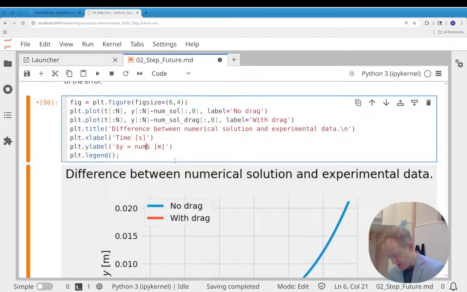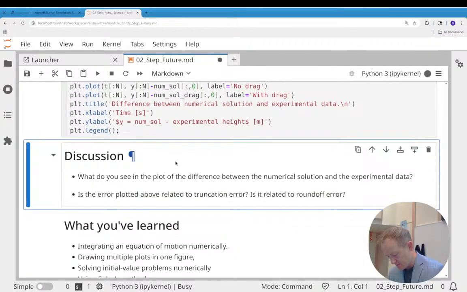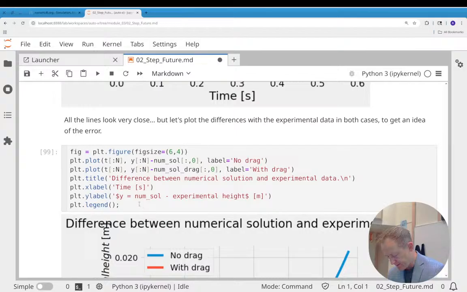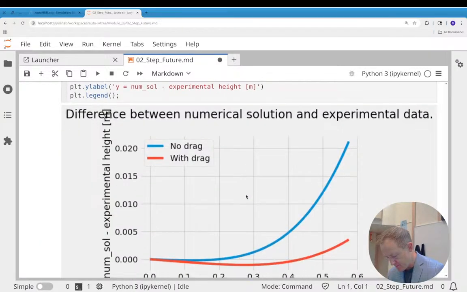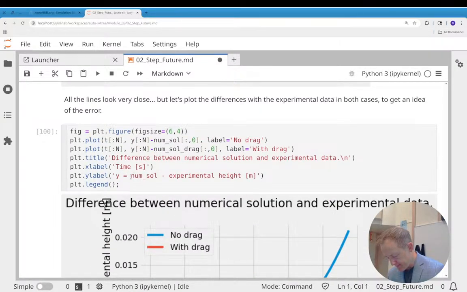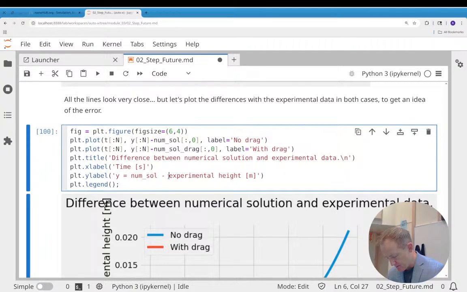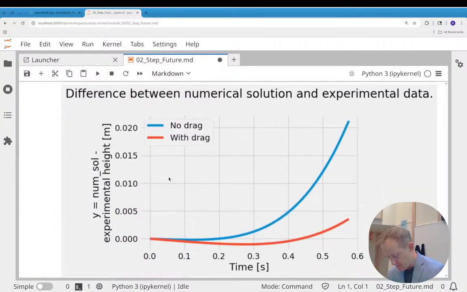This is num sol minus... so it's our numerical solution minus the experimental height.